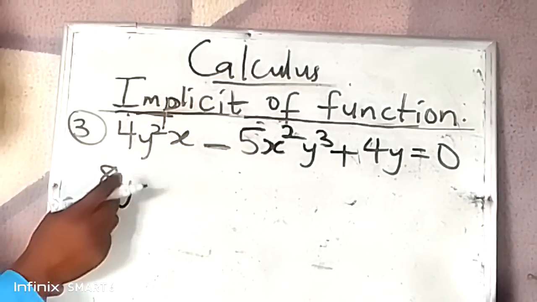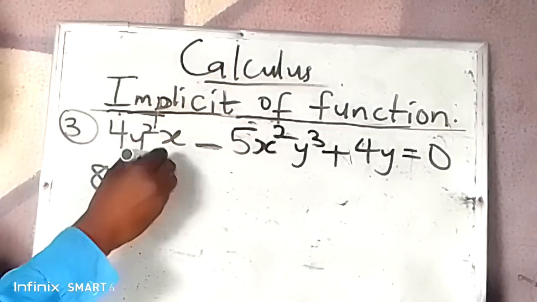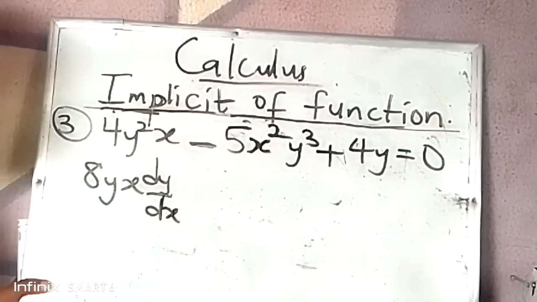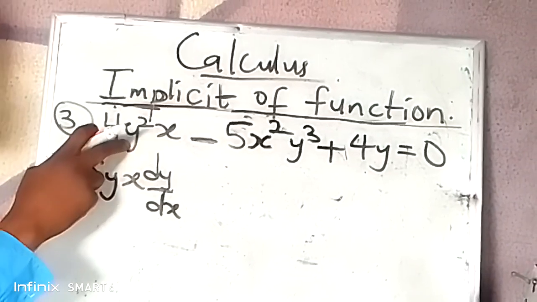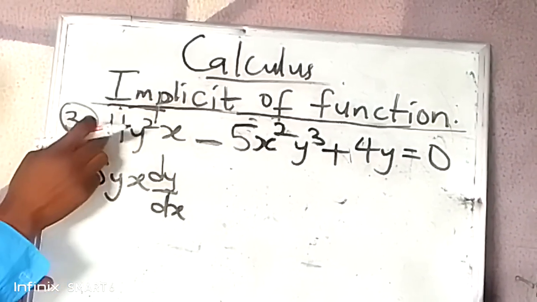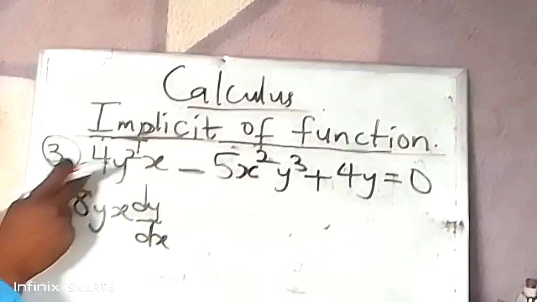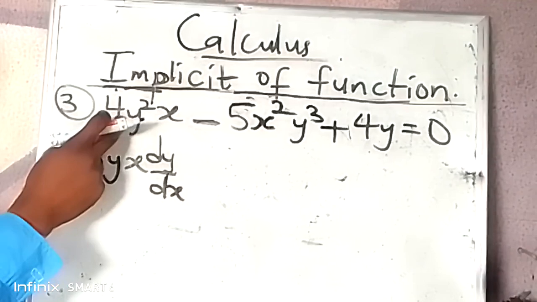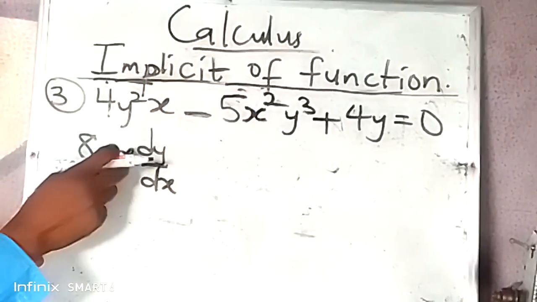That means 8yx dy dx. Why do I put dy dx? Because I differentiate y. There is 4 in front, so I use that 2 to multiply the 4, but the x is still there. I only differentiate y. That is 8yx dy dx.